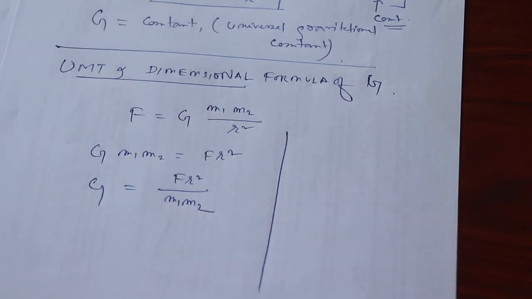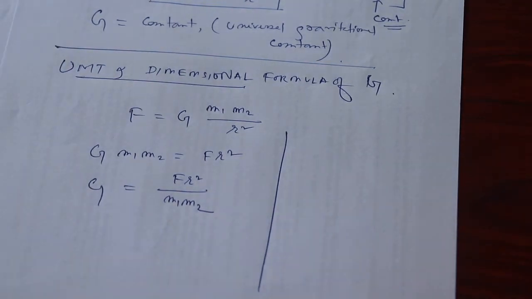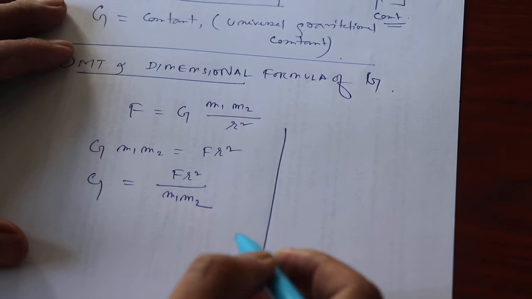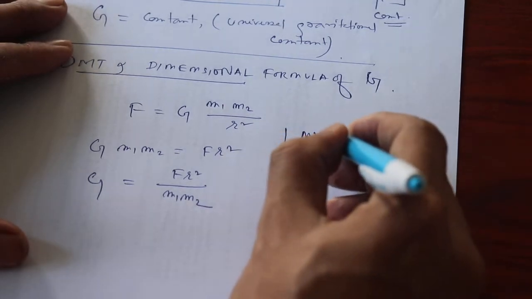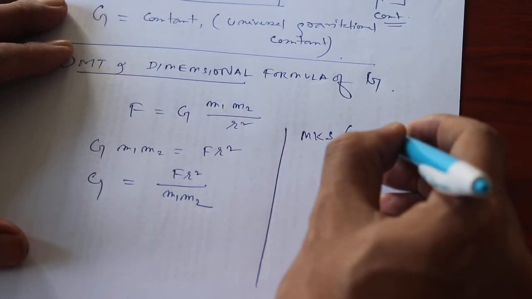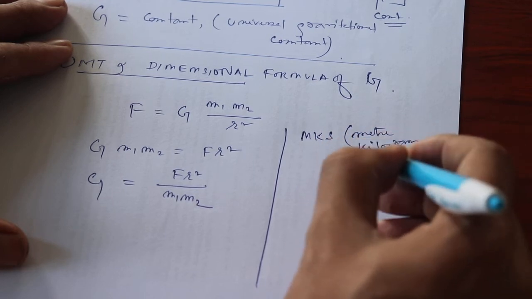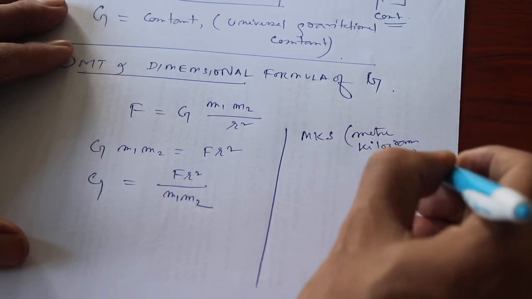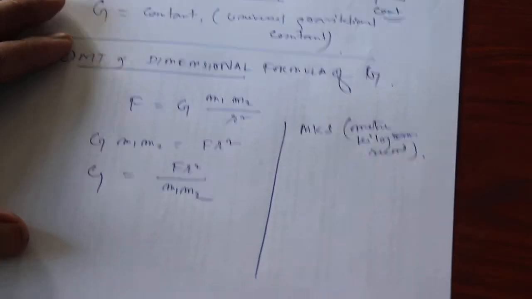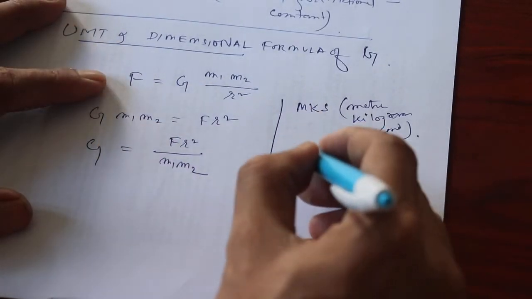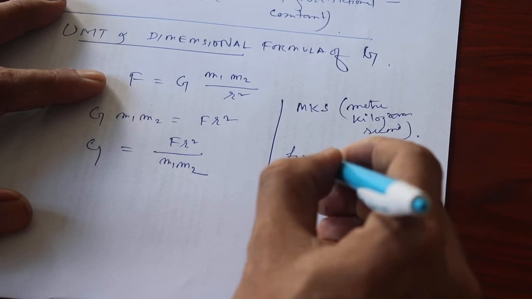Usually we'll be talking about the SI unit. In SI unit, also known as what? MKS. MKS means what? Meter, kilogram, second.